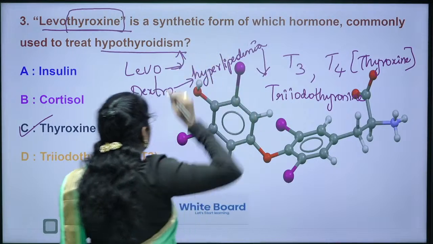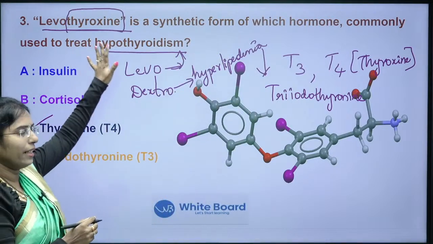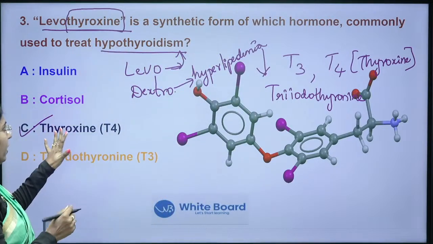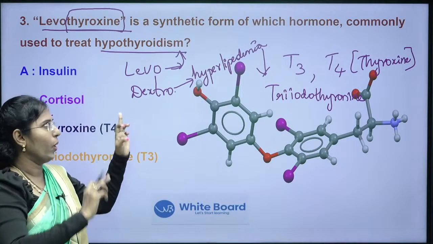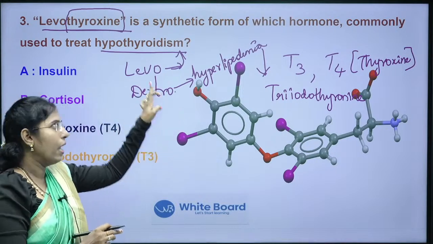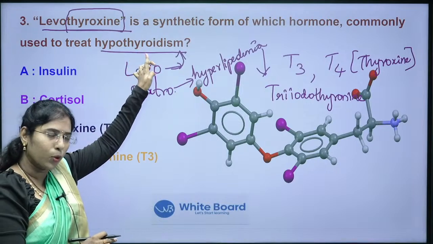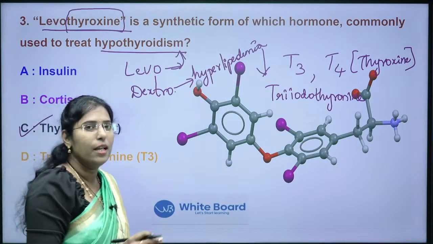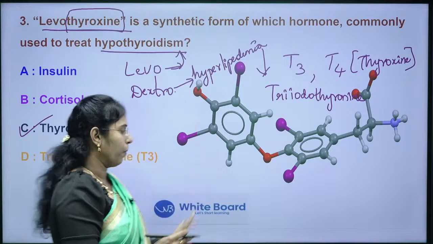You remember this one. So levothyroxine is a synthetic form of thyroxine and it exists in 2 forms, levo and dextro. Levo is useful for treating hypothyroidism, whereas dextro is used for treating hyperlipidemia.